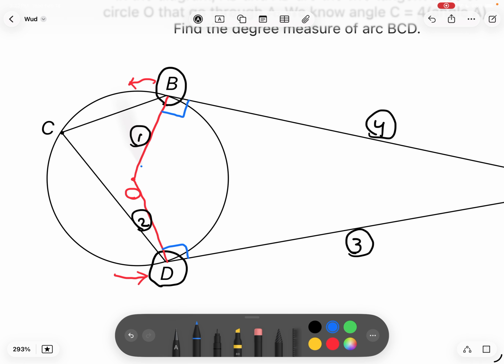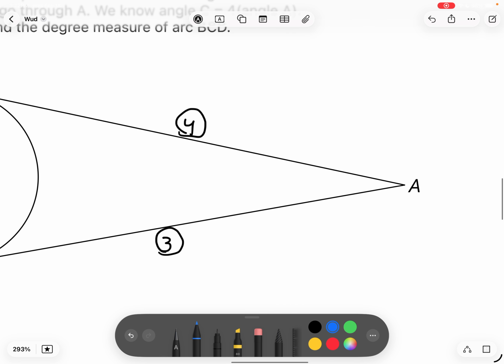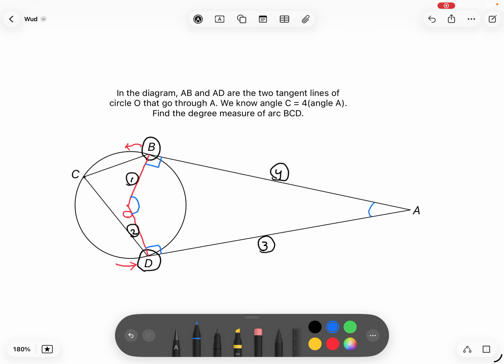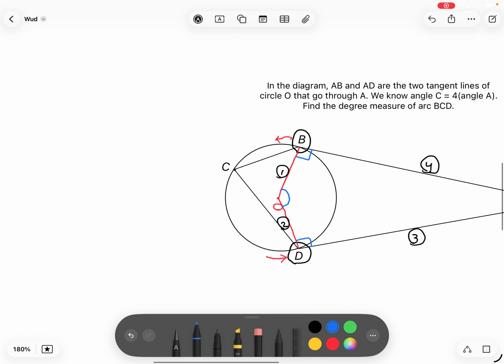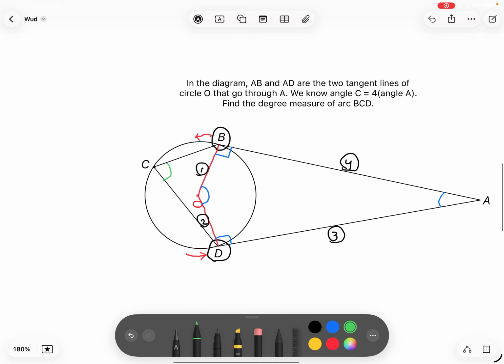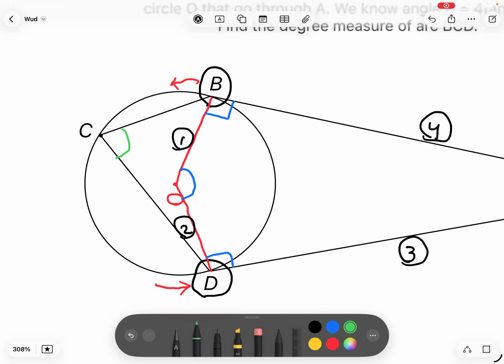Now we have this central angle, this large one here, and we've got this small one. They tell us in the problem statement that angle C, which is all the way out here, is 4 times angle A. You could note that angle C is an inscribed angle subtending the same arc BD as the central angle BOD, the huge one. There's a property of inscribed angles that says the central angle is going to be twice the measure of the inscribed angle.